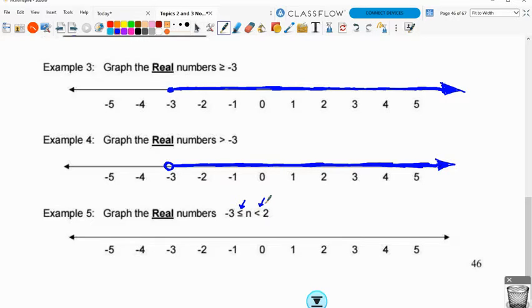Since I'm allowed to be equal to -3, I'm going to put a circle and fill it in. But since I can't be equal to +2, I'm just going to put an open circle. I'm not going to fill it in. And now the variable is in between the two numbers, so I'm going to shade the number line in between both of my circles. These are all of the real numbers that are between -3 and +2, including -3.